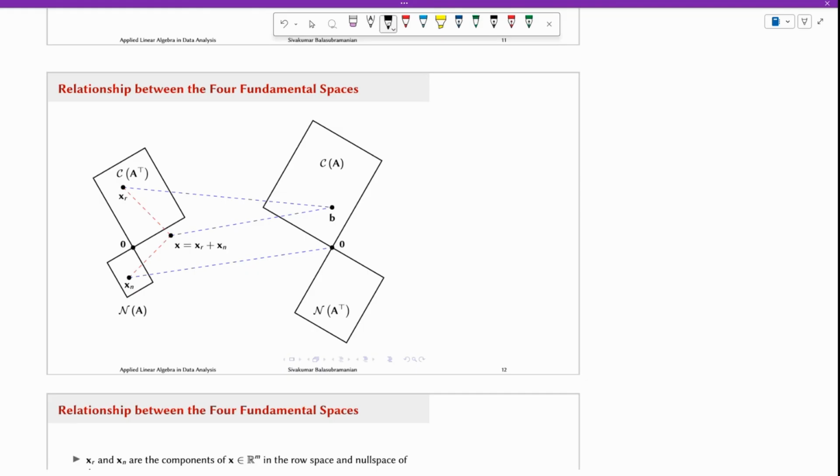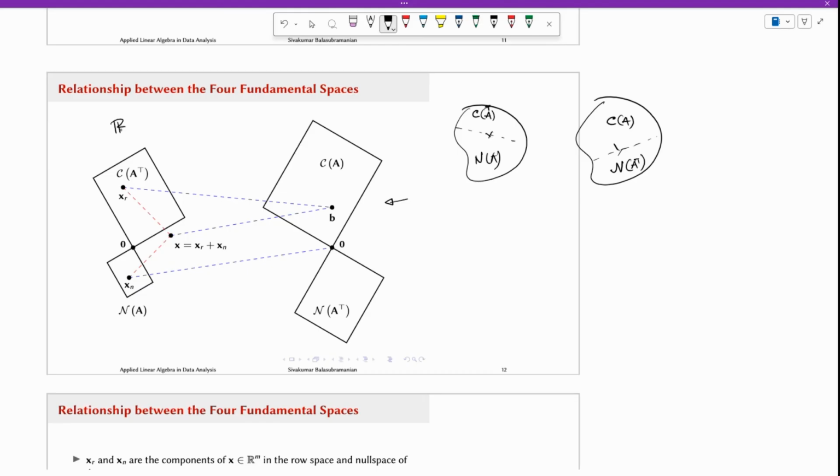So earlier, if you remember, we drew a picture like this. This is the picture I had drawn. I said if this is the row space, and this is the column space, and this will be the left null space, and this will be the null space. In fact, that picture is not very useful. Or well, it's useful, but it's not complete. The actual picture should probably be something like this.